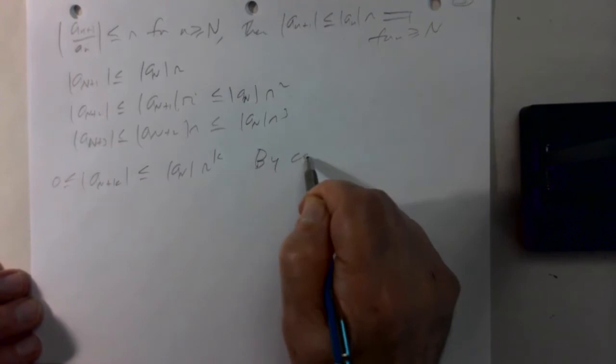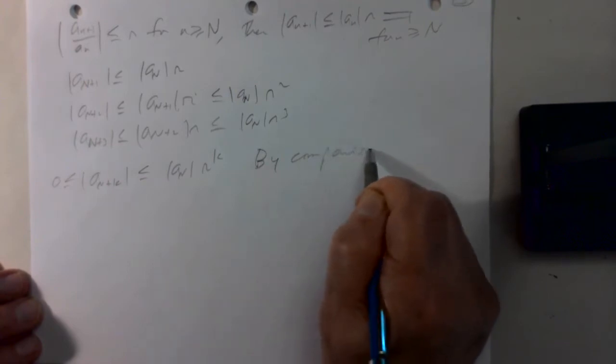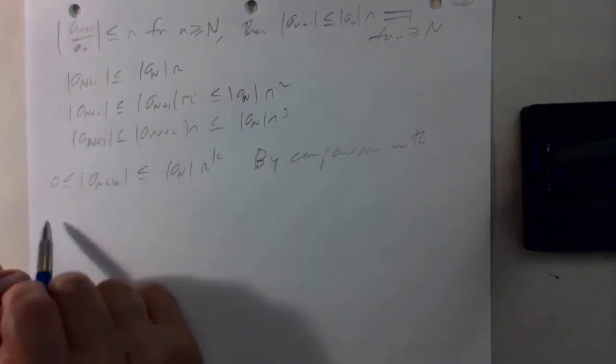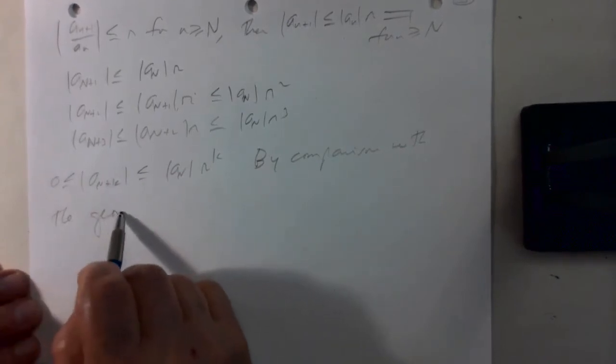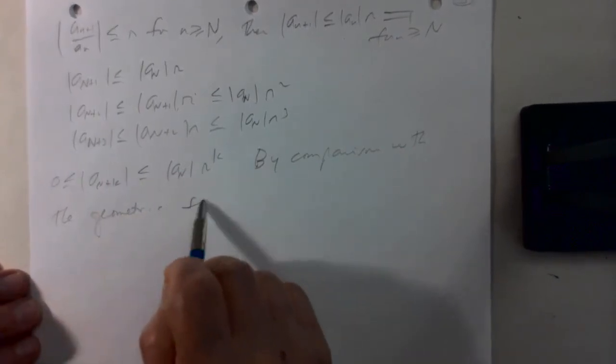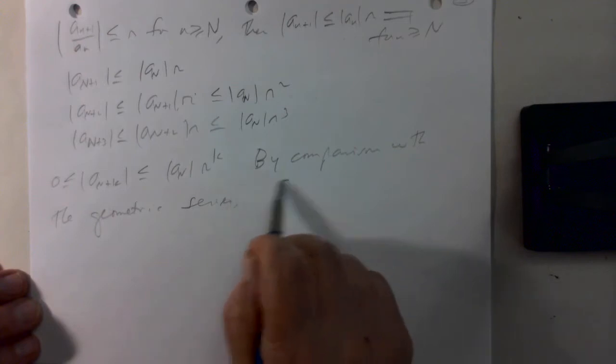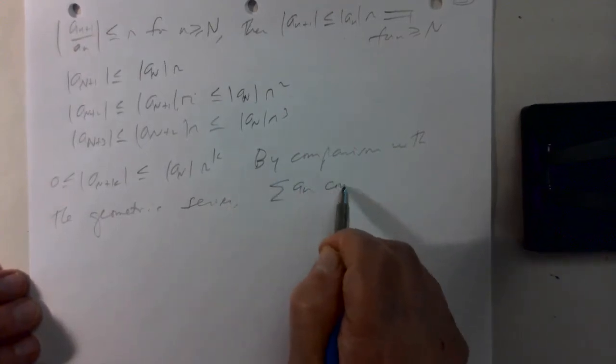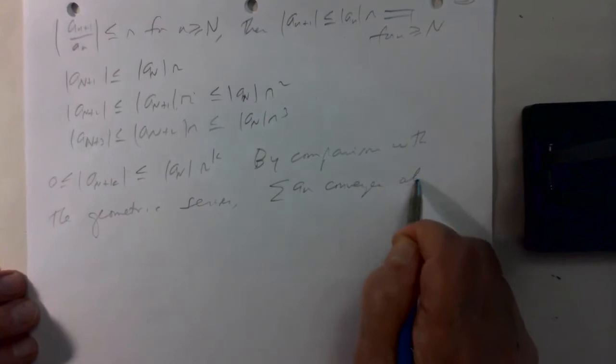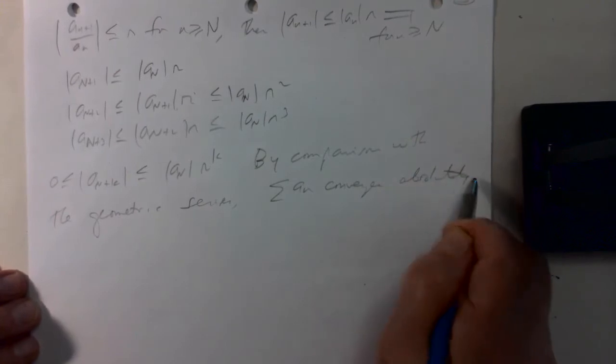So by comparison with the geometric series, summation an converges absolutely.